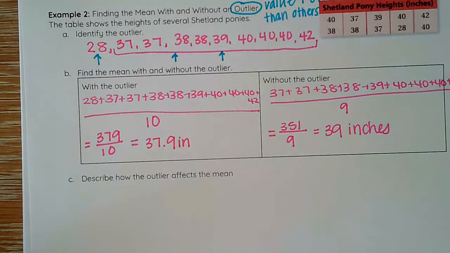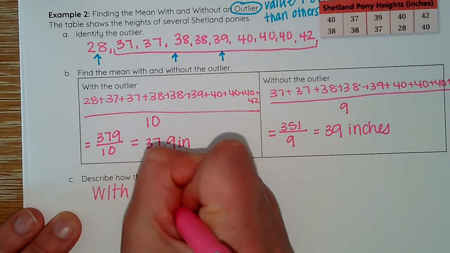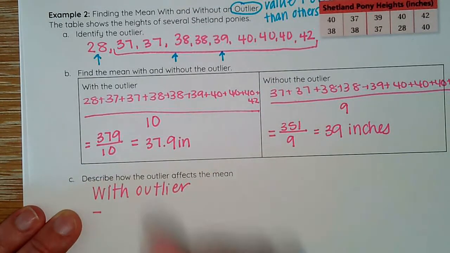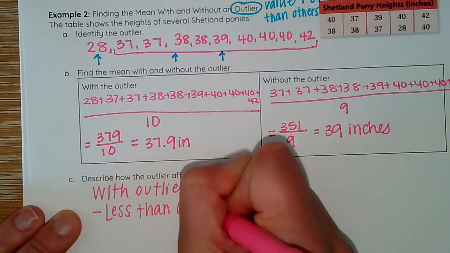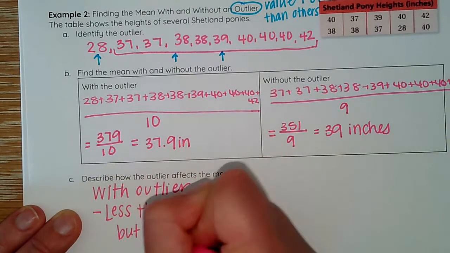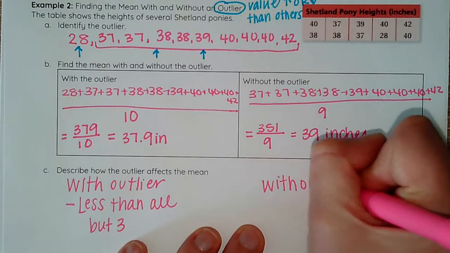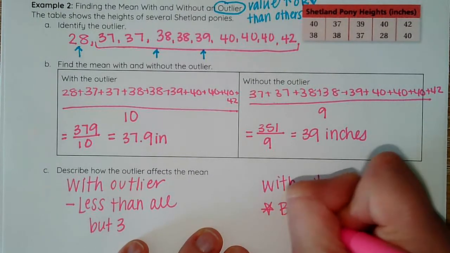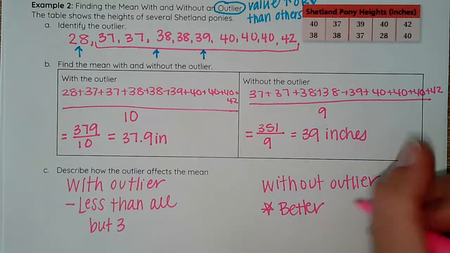So in this case, when we have the outlier, it is less than all of my data points except for 3. That means that without the outlier in this situation shows me a better representation because it is more centered. It is more accurately in the middle of my data points.